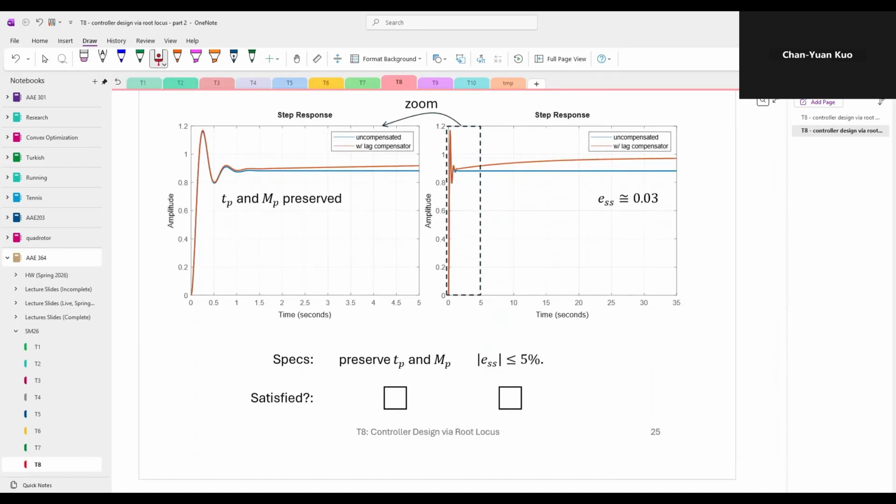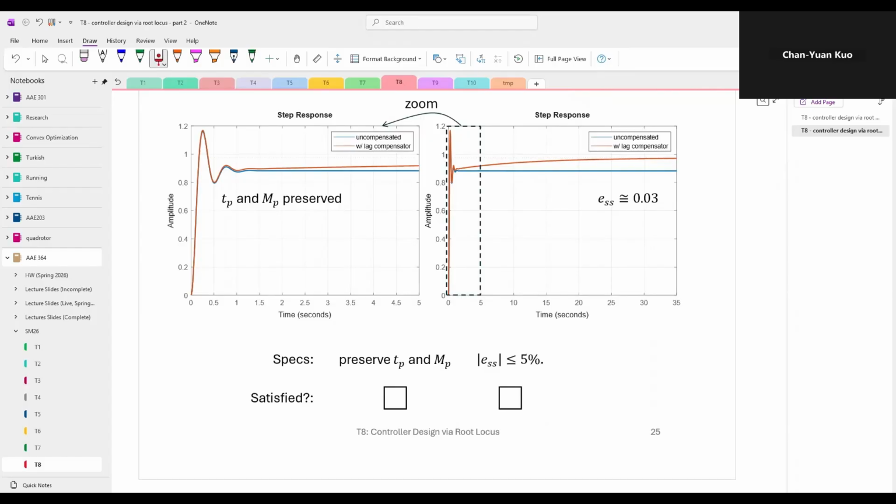Finally, let's verify the compensator's performance through a numerical simulation and see whether it satisfies the design specifications. According to the simulated unit step response shown here, we can see that the closed loop system now has a steady state error of roughly 3%.